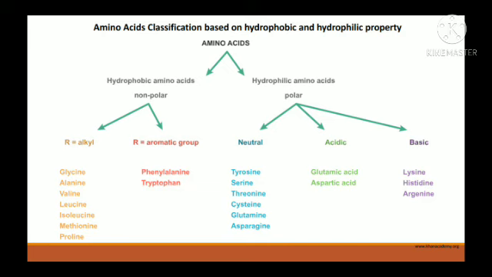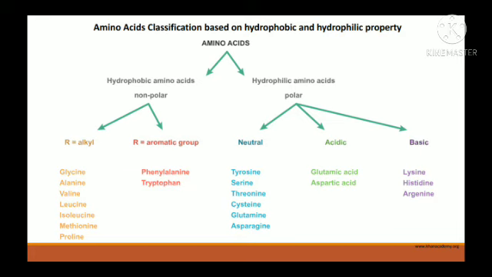Now it's time for the second type of classification. Based on utility or requirement, amino acids can be of two types. They can be essential or non-essential.